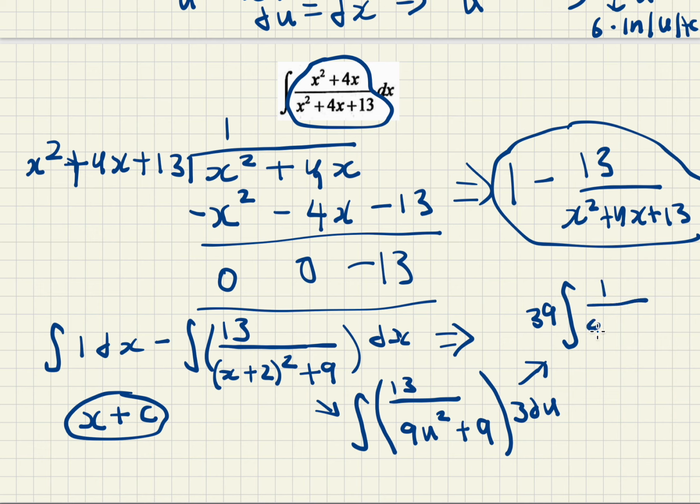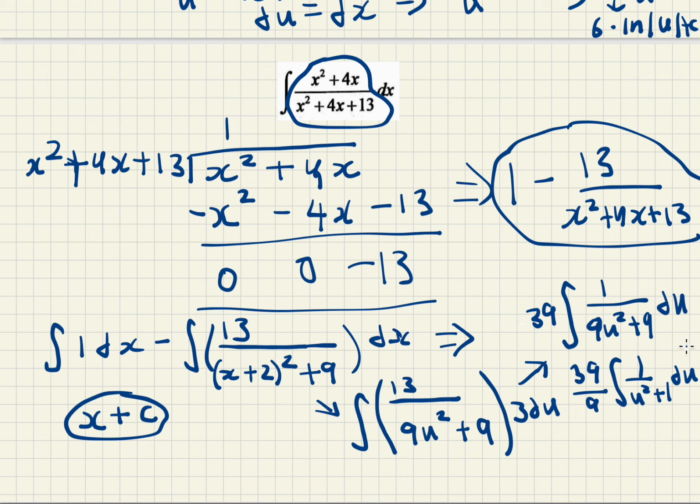And then we can do 9u squared plus 9, and then du. Now we can take the 9 outside as well, right? So we can take 9 outside, and then 9 times u squared plus 1. So it's 39 divided by 9, and then the integral of 1 over u squared plus 1 du.